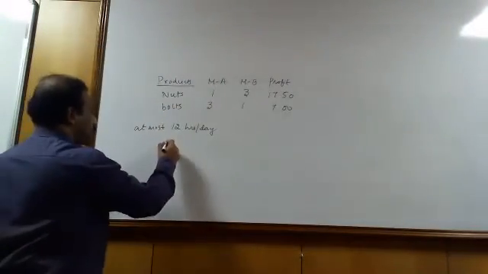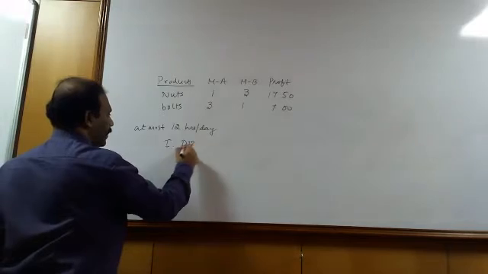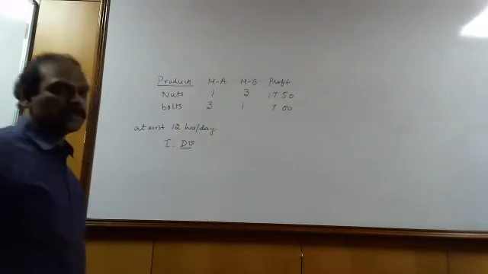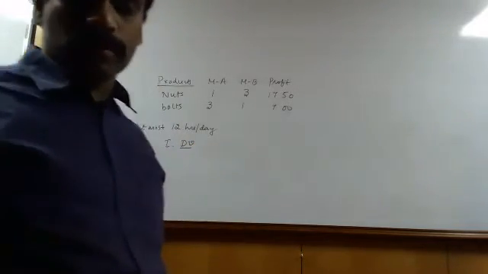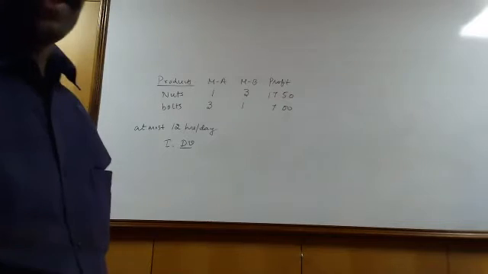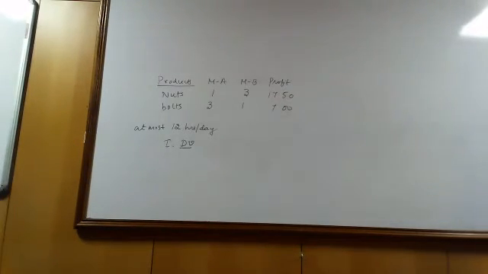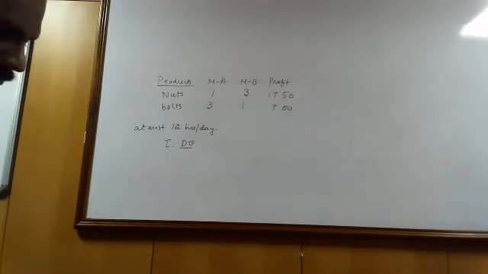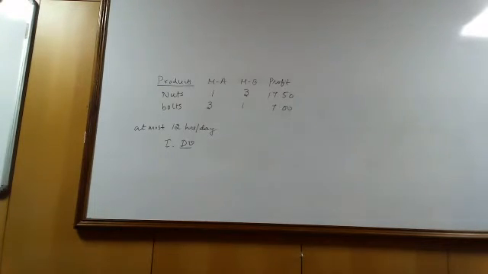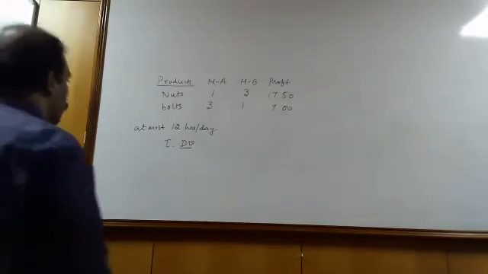The first step is to write the decision variables. Can anybody tell me how many decision variables are there in this question? 2, sir. So which are the 2 decision variables?